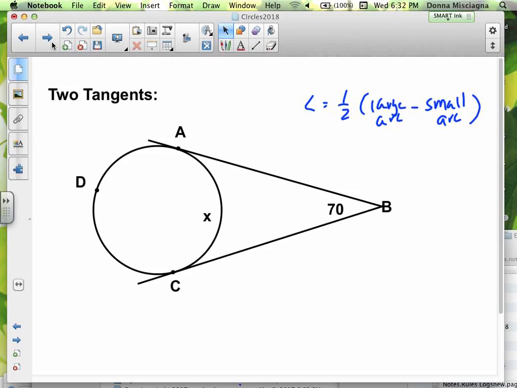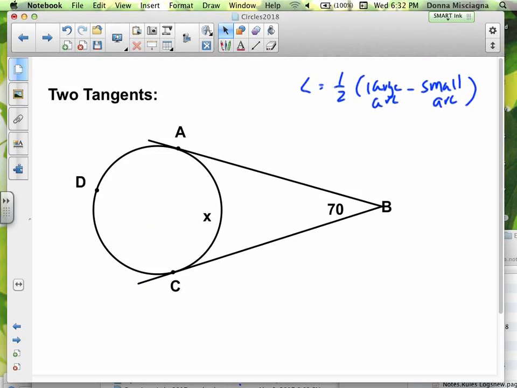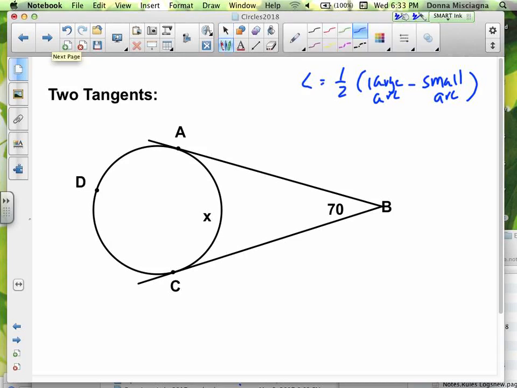See what I mean by not being given a whole lot of information? I have an x and I have a 70. I have nothing else. How am I supposed to solve? Well, we can solve this because while we don't know a lot, we know enough. We know that this much here is arc x, that's arc AC, right?